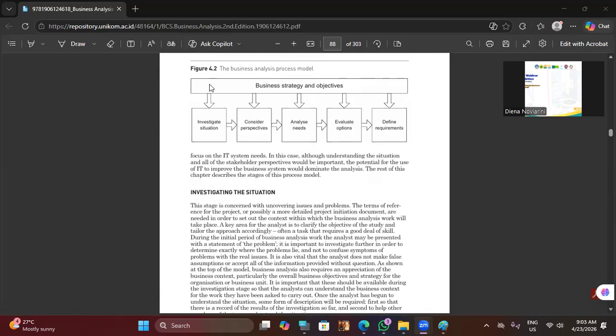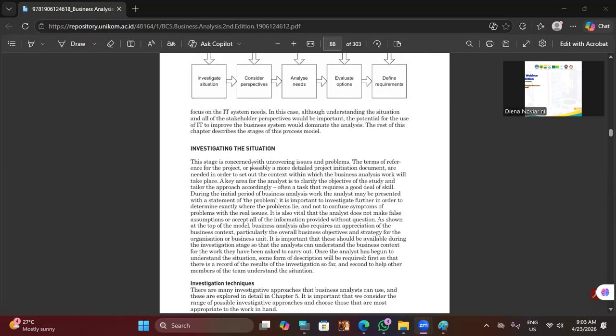Okay, in figure 4.2, we are discussing the business analysis process model. You can see here the business strategy and objectives emerging in investigate situation. And then we consider the perspectives, and then we analyze the needs, evaluate the options, and define requirements. Investigating the situation is concerned with uncovering issues and problems.